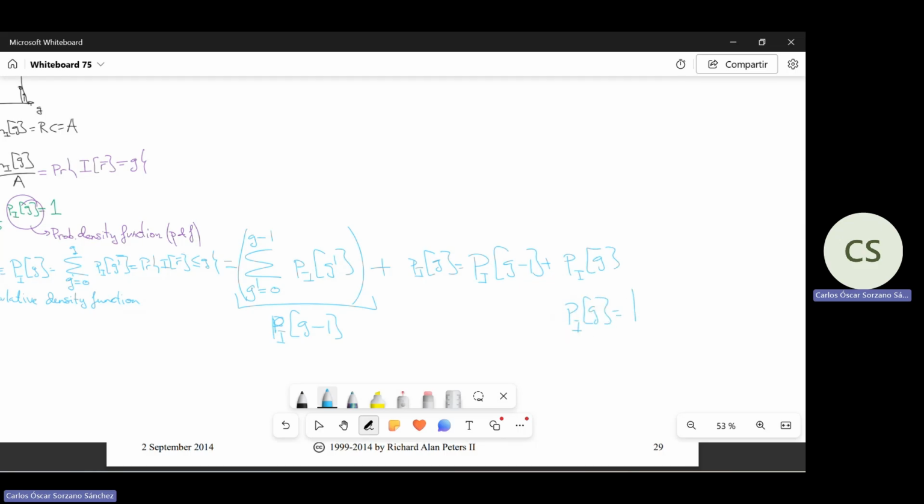The small one is capital P_I of G minus P_I of G minus 1. So given the CDF, I can compute the PDF, and the opposite: given the PDF, I can compute the CDF.